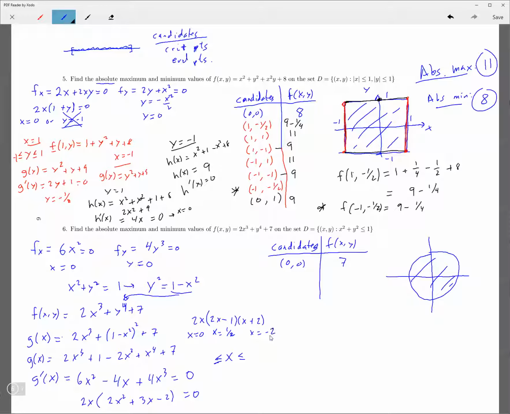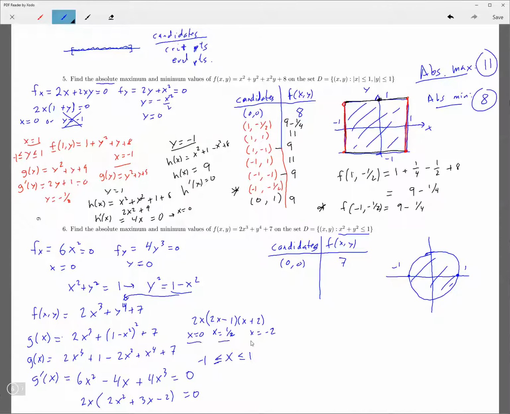But what I'm getting at is, I've drawn a picture of what that looks like. What's this point here? Has to be 1. That's where x is 1, and this is where x is -1. So x has to be between -1 and 1.